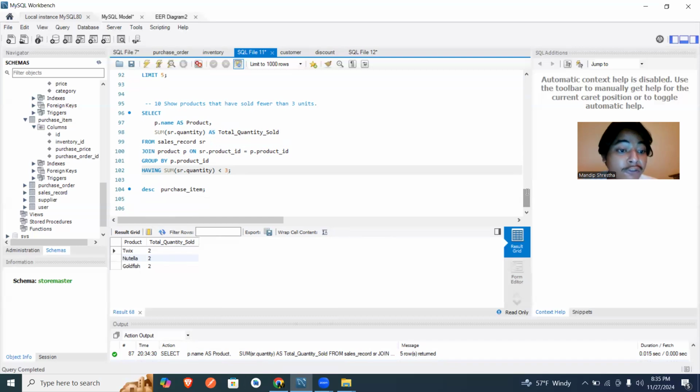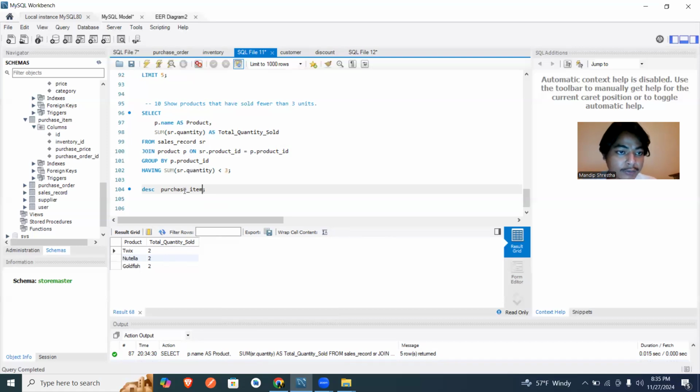Now, talking about referential integrity, we maintain it to make data more accurate. For that, we have added many constraints in our tables so the data we provide must be accurate.